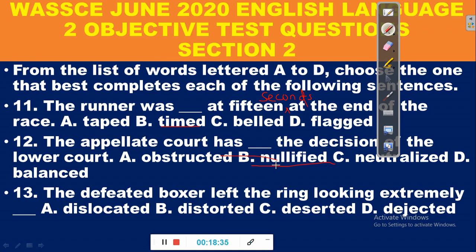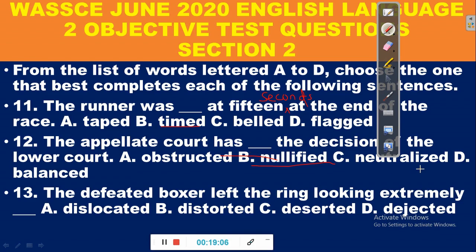It is one of the words associated with law. So we can say the appellate court has nullified the decision of the lower court. And that means the appellate court has made null and void, which is also a very typical language of law. The appellate court has made null and void the decision of the lower court. So nullified is the appropriate word.